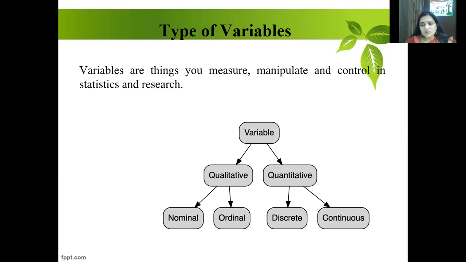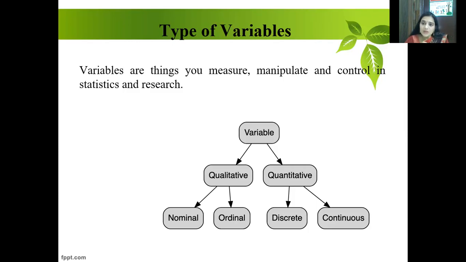You are just categorizing things, male, female, or single or joint family, or maybe you are just trying to differentiate two colors, red or blue. This is called a nominal variable, when you are just giving numbers on the base, just categorizing the things.